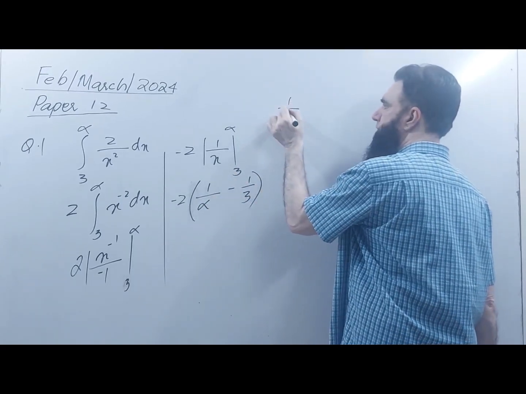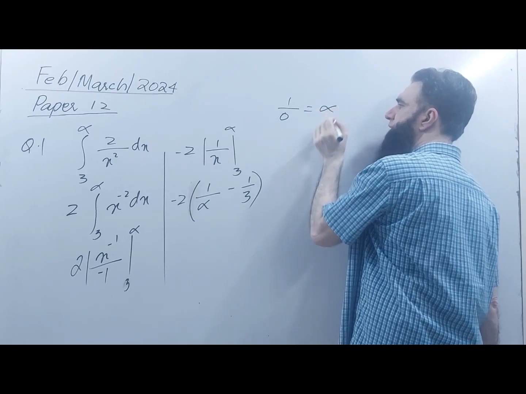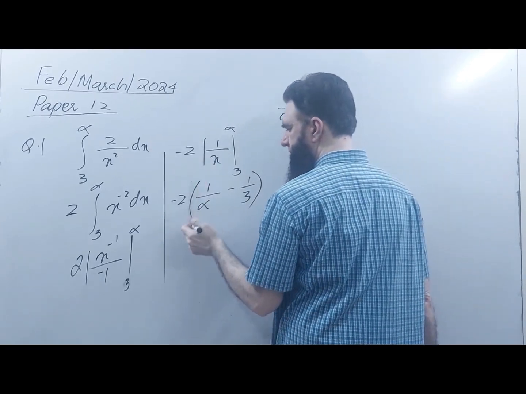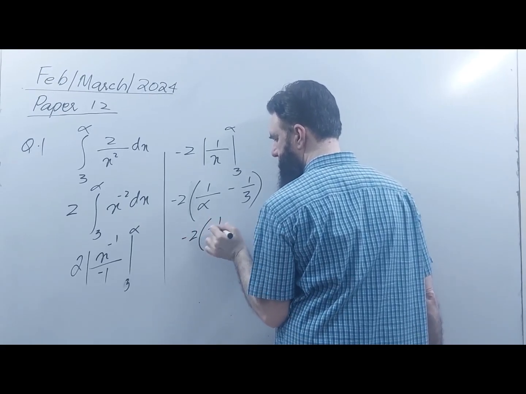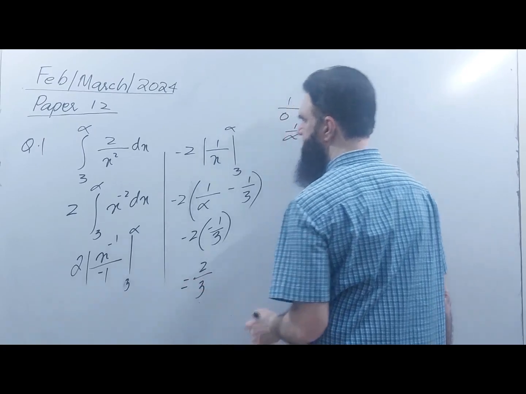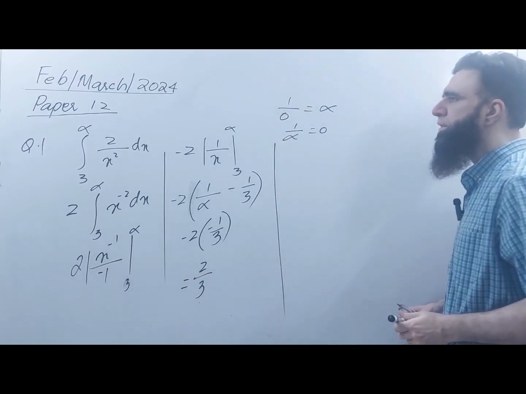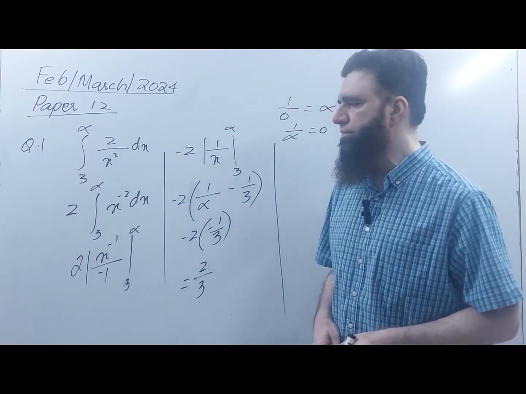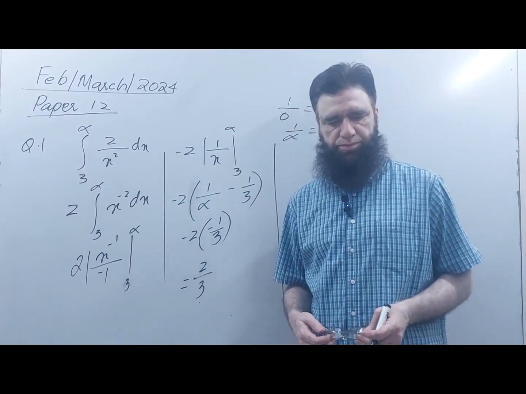You guys know this. So 2 minus 2 into minus 1 upon 3. The answer is 2 by 3. This was question number 1, and the paper starts with a simple question. We move to the next question.